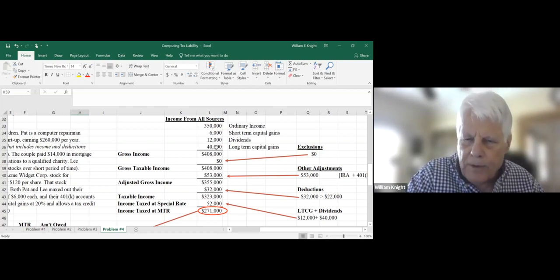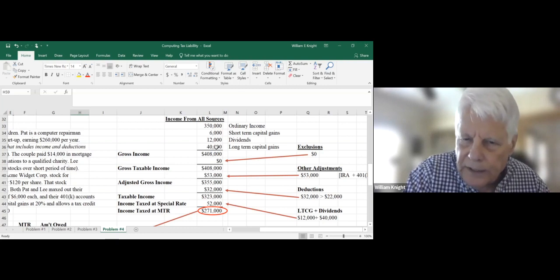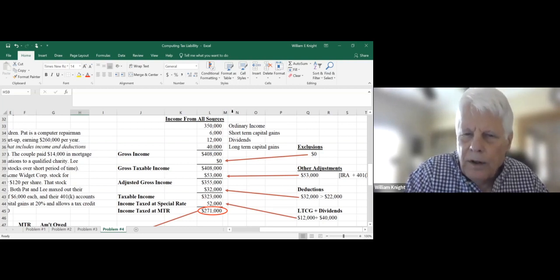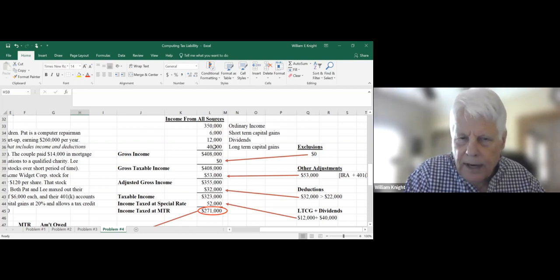That was their profit from the sale of the stock that they held for 3 years. So $350,000 ordinary income, $6,000 in short-term capital gains, $12,000 in dividends, $40,000 in long-term capital gains.